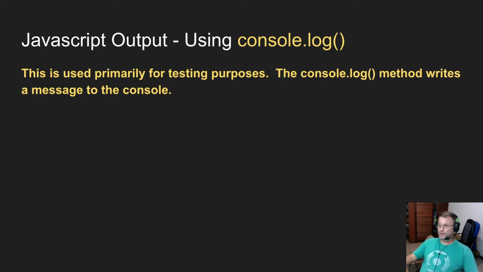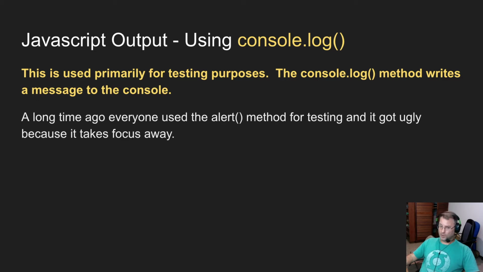All right, so a long time ago, everyone used to use the alert method for testing JavaScript, and believe me, it got ugly because every time the alert would pop up with a piece of data, it would take the focus away, and sometimes the alert message doesn't do a very good job of deciphering what objects are or object arrays, and so it would only display just object or obj in the alert, and that doesn't tell you what the content is.